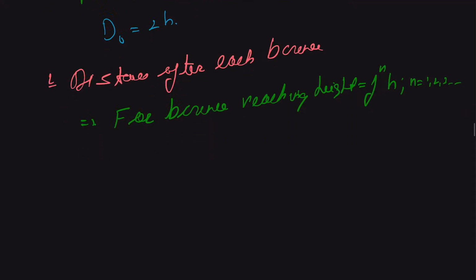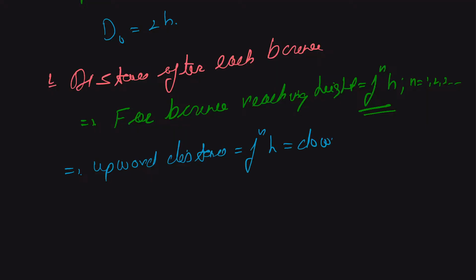So it means each bounce is going to have a height of f^n h, and therefore we can say that our upward distance in general for every bounce will be f^n h, which will be the same as our downward distance.